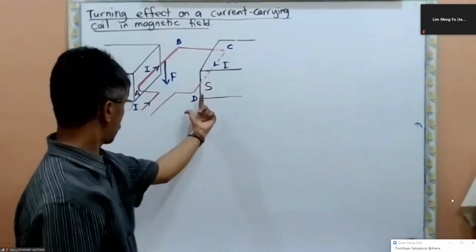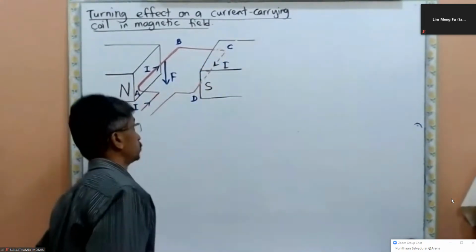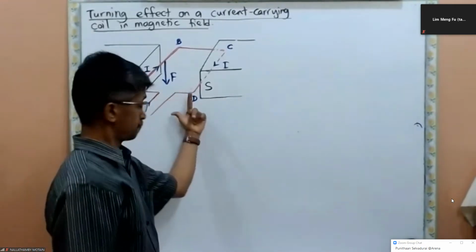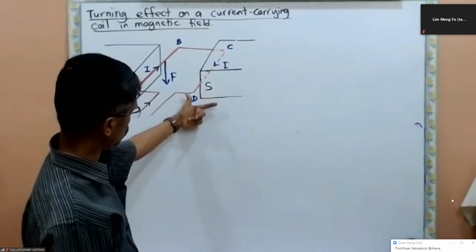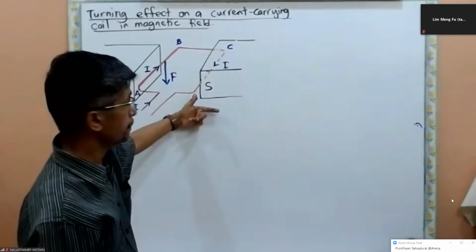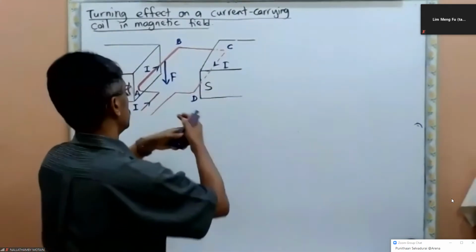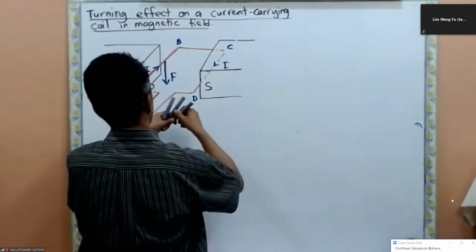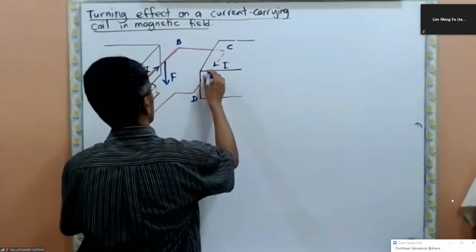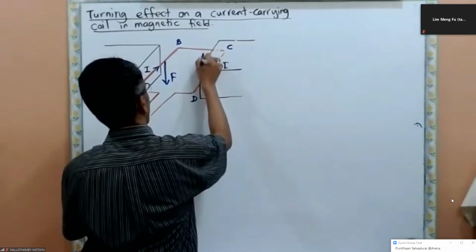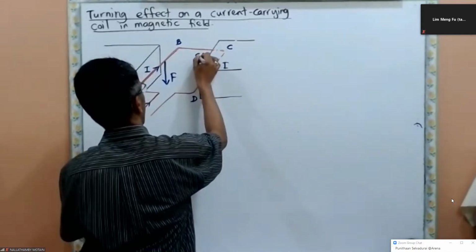I repeat, current over here C to D, if you're observing from here, is upward. So here the force acting is upward. We label with the arrow over here and write F.